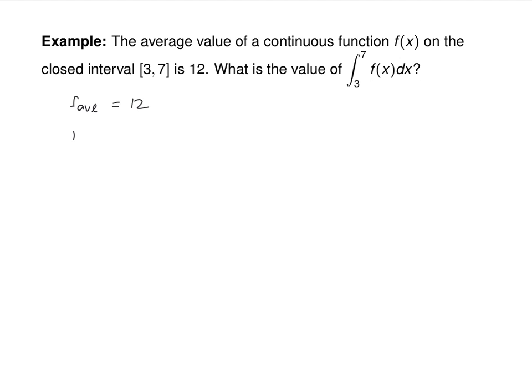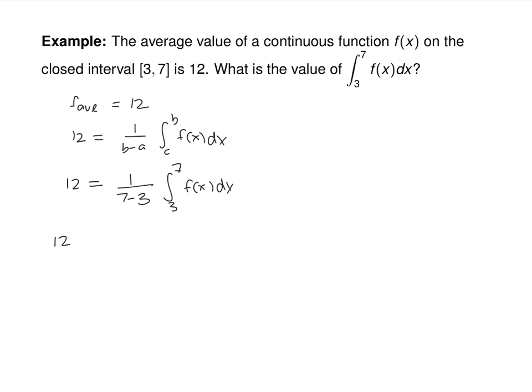And so that means that 12 is equal to 1 over b minus a integral a to b f of x dx, specifically when a and b are 3 and 7 respectively. So using that information, we have 12 equals 1 over 7 minus 3 integral 3 to 7 f of x dx, or 12 is equal to 1/4 integral from 3 to 7 f of x dx.